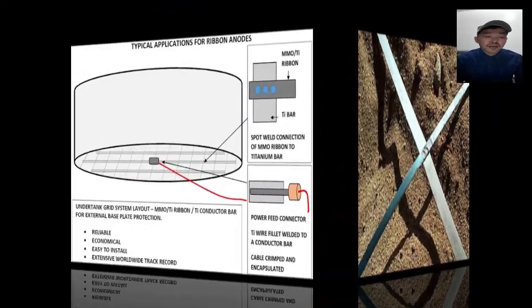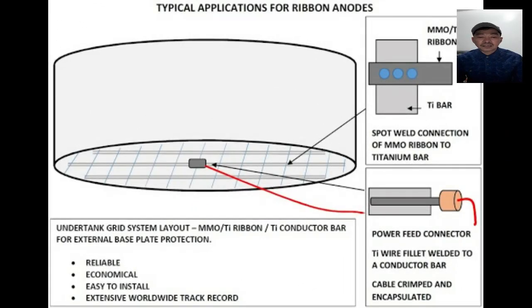The numbers of MMO anode ribbons and titanium conductor bars depend on the diameter of the tank. The anode spacing is 1 meter and the conductor bar spacing is 2.25 meters.